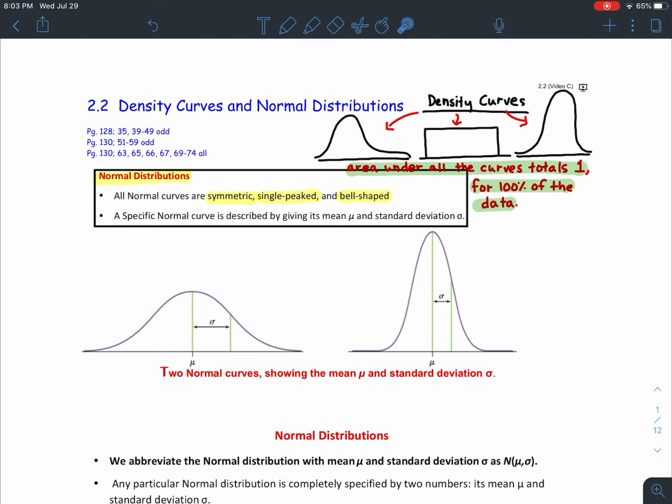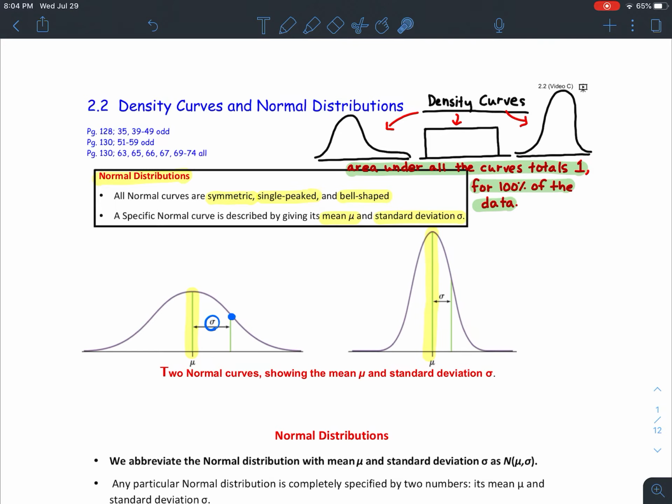One thing that distinguishes a normal curve here is they are always described by their mean, which runs right down the very center from that peak there, and the standard deviation. If you move out one standard deviation from the mean, that's going to hit right where the curvature or the point of inflection is.